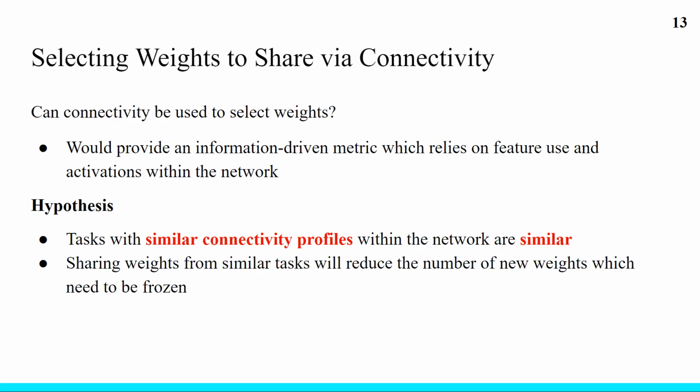And if the tasks are similar, then the weights which were initially frozen because they were useful for task 1 would be expected to be useful for the current task, task 3. By sharing those weights, you would expect to avoid the need to learn any redundant information that they might confer that's useful for the current task.